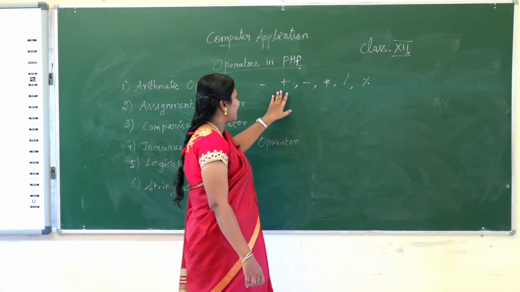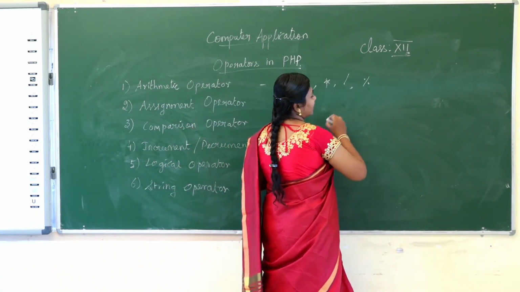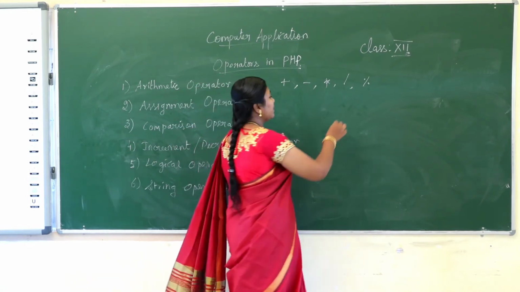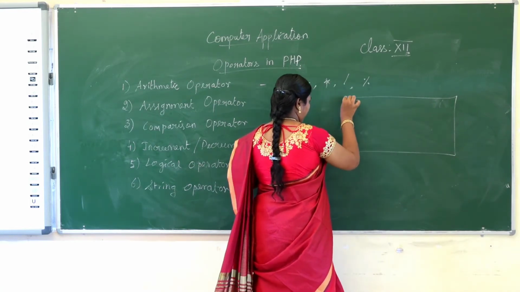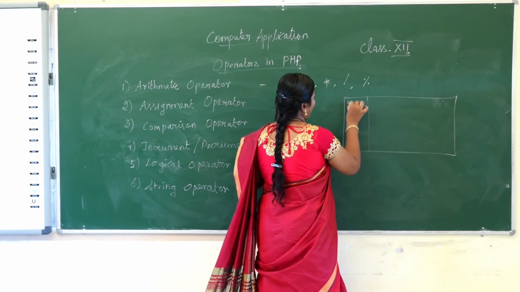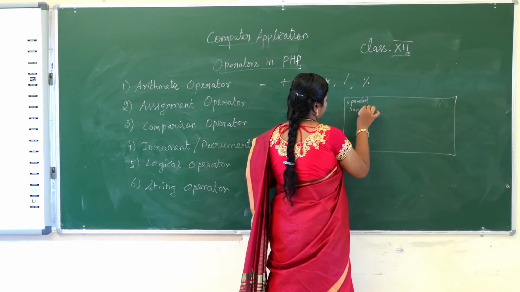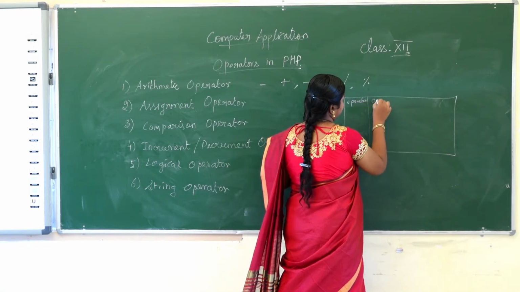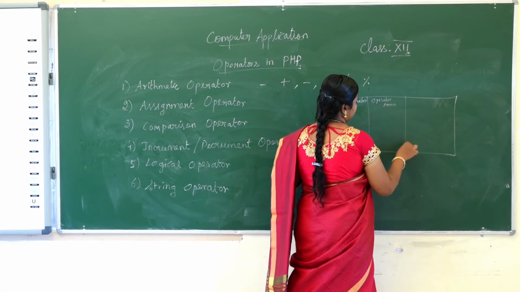So as you know very well, A plus B. In your book it will be given in a tabular column. First they will mention the operator and the operator name and its description.